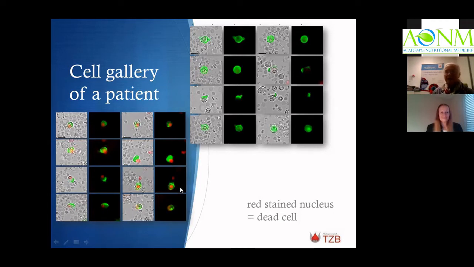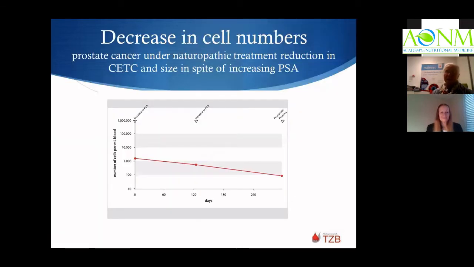If a cell is dying or going into apoptosis, the membrane becomes permeable, and a dye called propidium iodide, which intercalates with the DNA in the nucleus, can enter the cell and stain the nucleus red. So cells with a red nucleus are dead cells. Cells without a red nucleus are the living cells, which we are looking for.